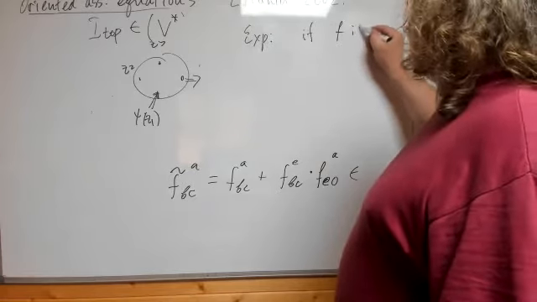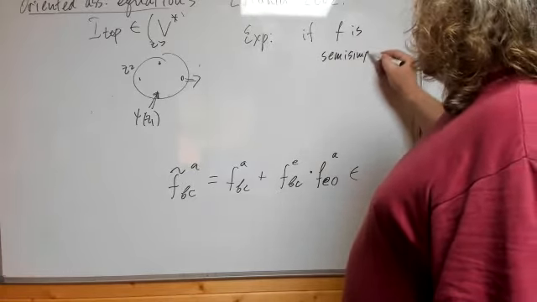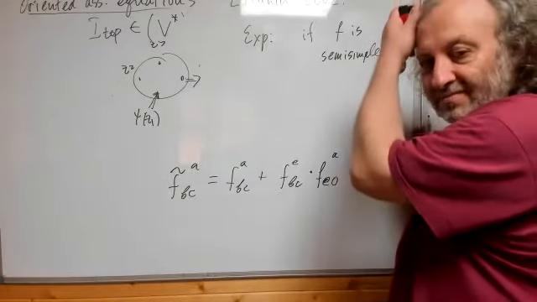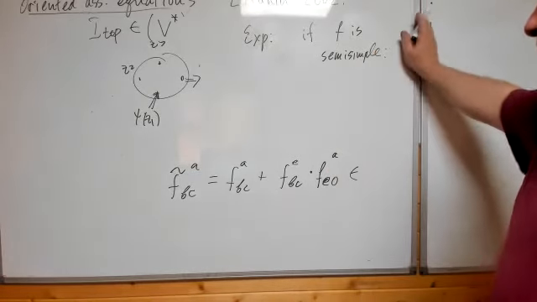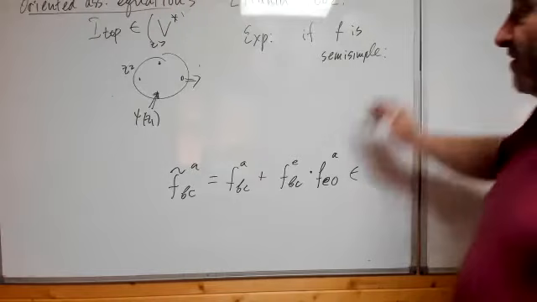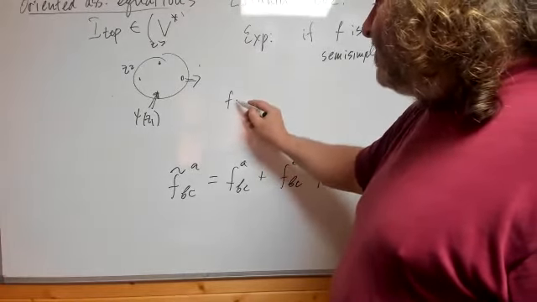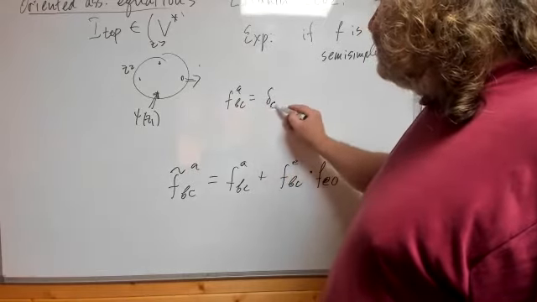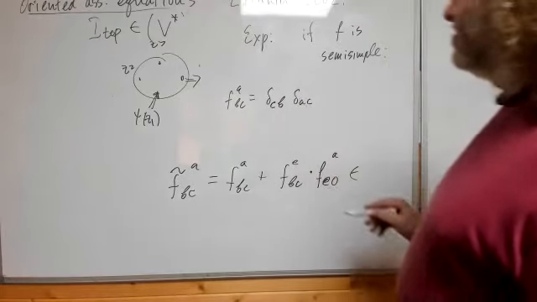If f is semi-simple, so it means that f ABC is delta BC delta AC, no summation.